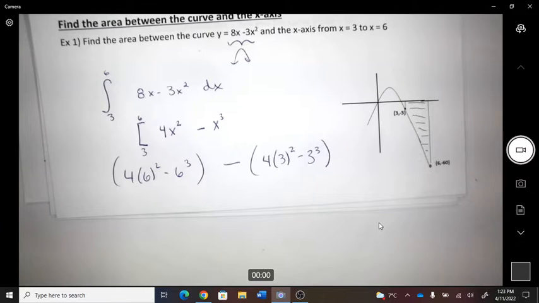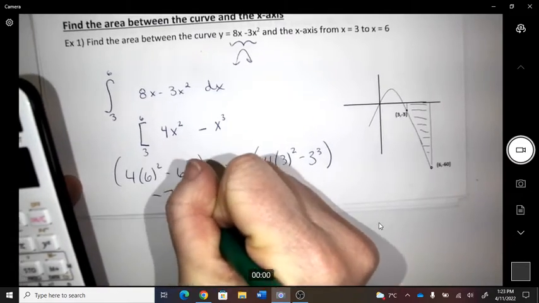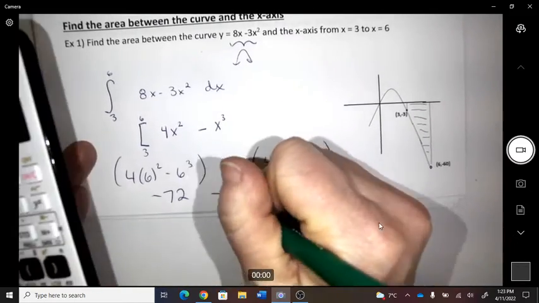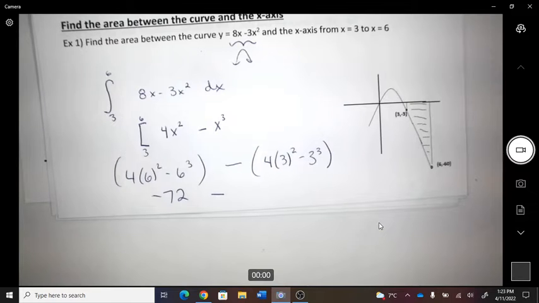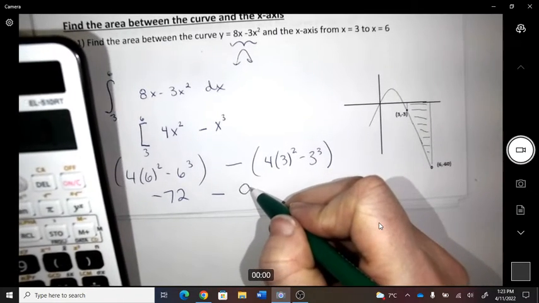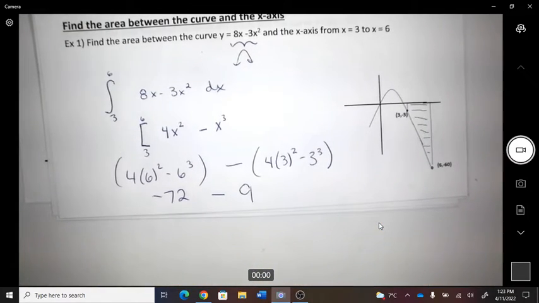And I'm sure you all want me to just do this. So that is a negative 72. And that is a 9.